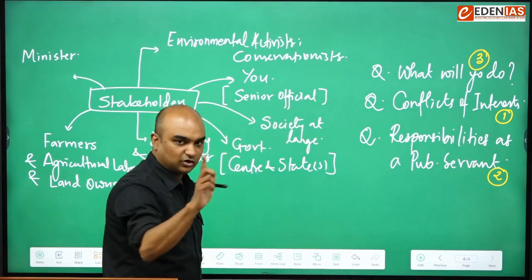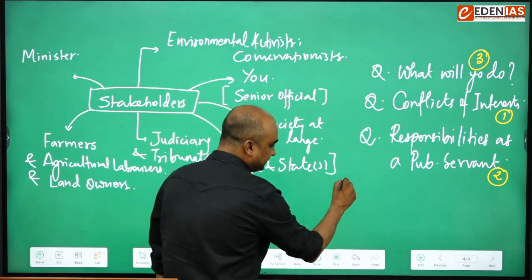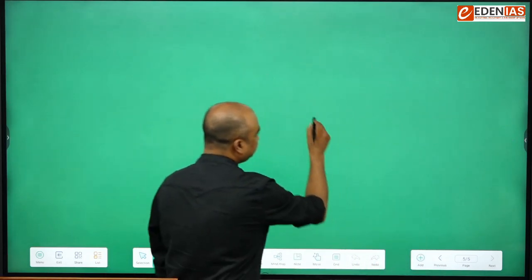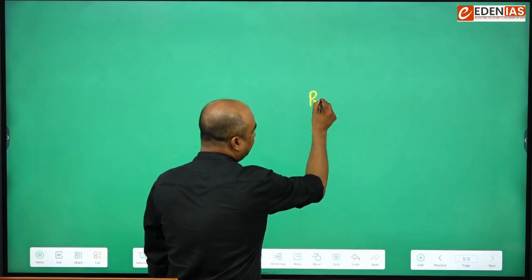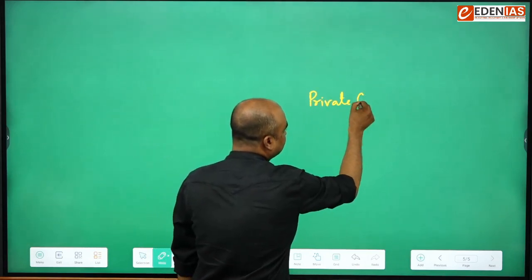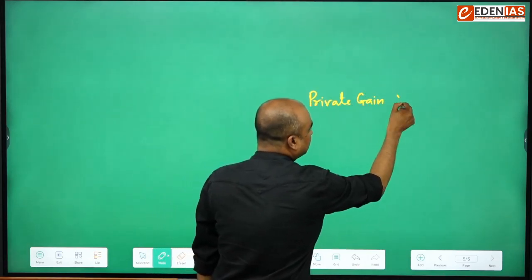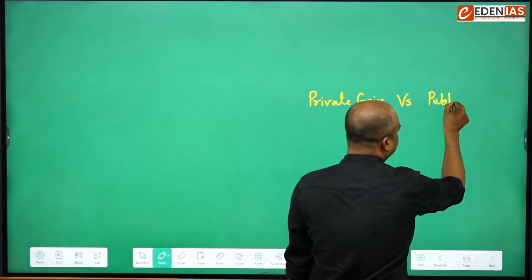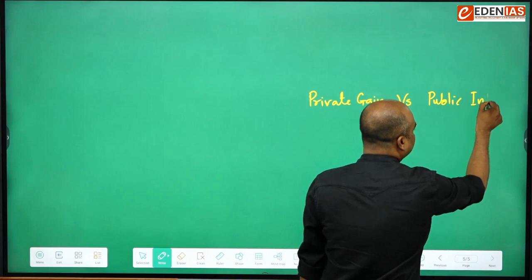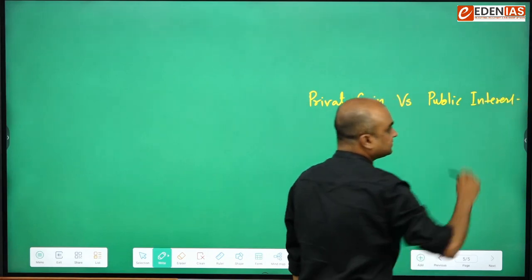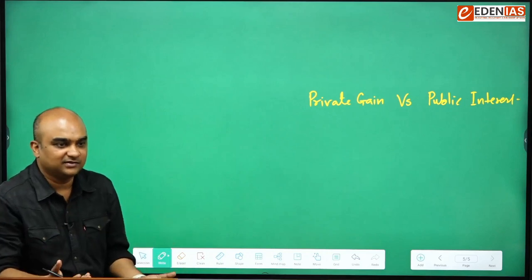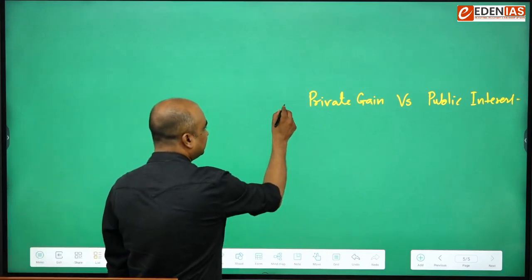So the first conflict of interest is private gain versus public interest. Can I say this is the first conflict of interest? Very apparent. Do you understand that?